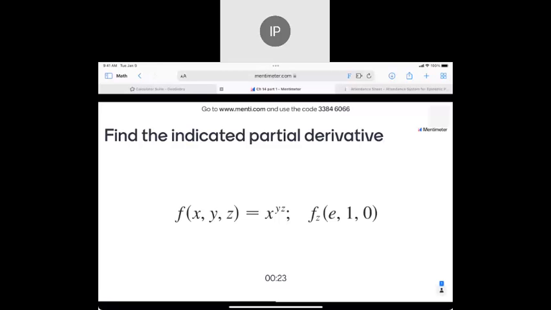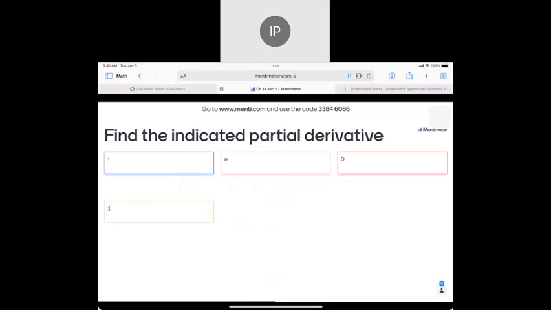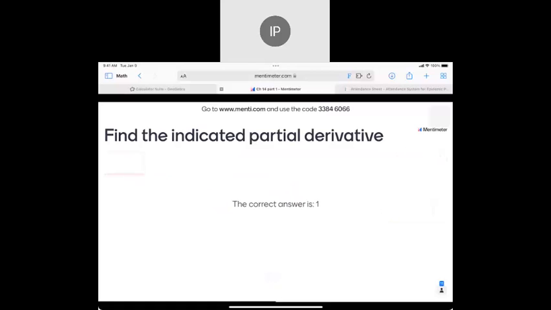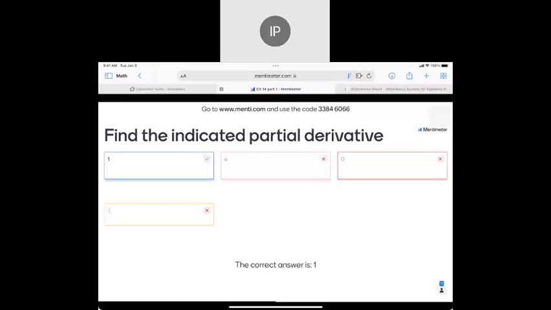Be careful when you plug in the number. Okay, 10, 9, 8, 7, 6, 5, 4, 3. Okay. The correct answer is 1.